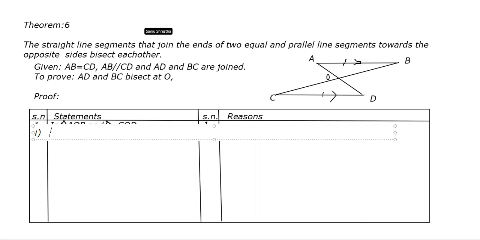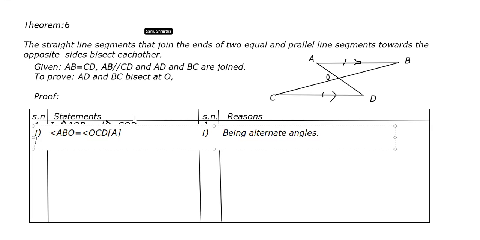Now, here we can write angle ABO equals angle OCD because alternate, reason is being alternate angles. Second, we can write AB and CD equal, which is given.